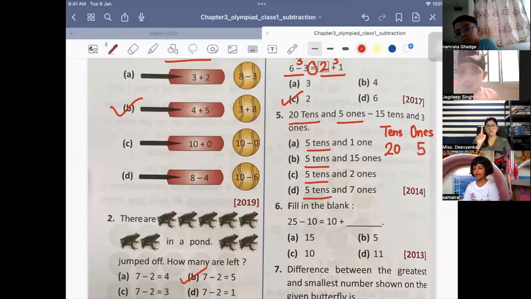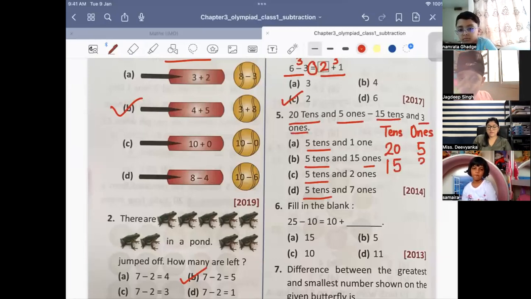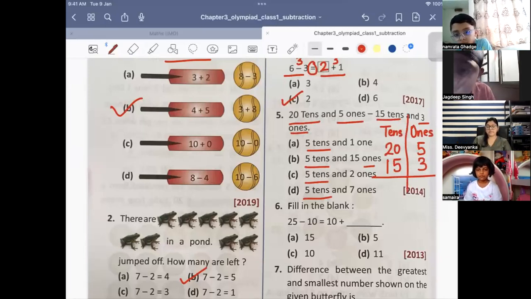Don't make it an individual number. Minus. How many tens in the second number? 15. And how many ones? 3. Hence, you're going to solve it separately like this, tens on one side, ones on one side. Don't make it one individual number in these types of questions.